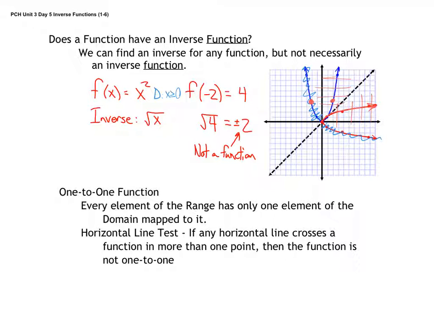So basically, any quadratic wouldn't pass that. Yeah, any quadratic, unless we limit the domain somehow, is going to fail the test. All right. And we'll look at limiting the domain to make it work.